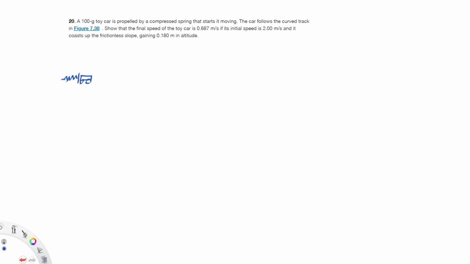So we're not actually considering the case where the spring is compressed. Our situation A is going to be right after the spring is done speeding this car up, and its initial speed is going to be 2.